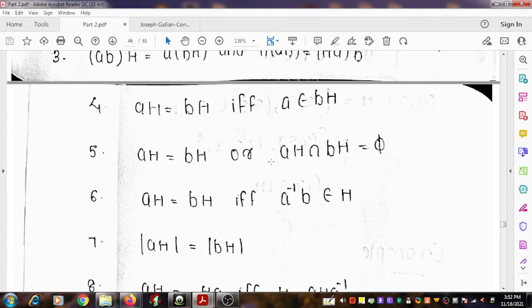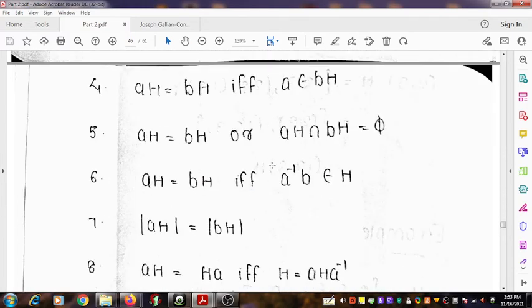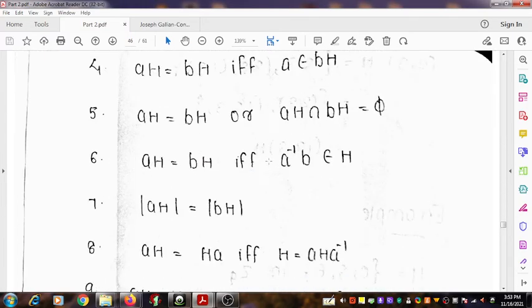If the intersection is empty, then there is nothing to prove. If the intersection is not empty, then some elements are common to these two left cosets, and in that case we can prove that both left cosets are same.